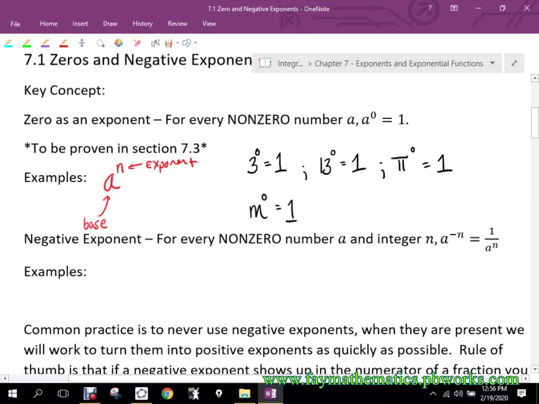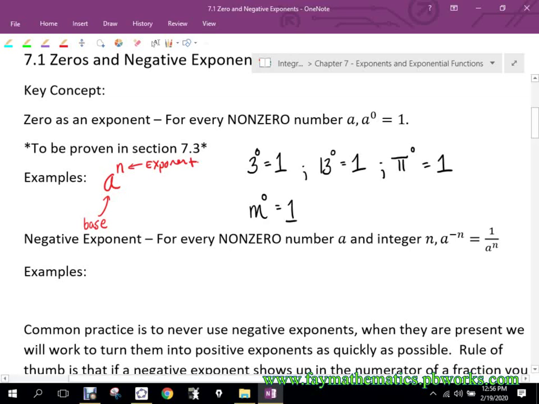The base is always the number or object directly in front of the exponent. Does that make sense? That's what we've learned with parentheses, exponents, multiply, divide, add, subtract. If I've got an exponent, it goes directly to the thing that is directly in front of it. So that's critical here.